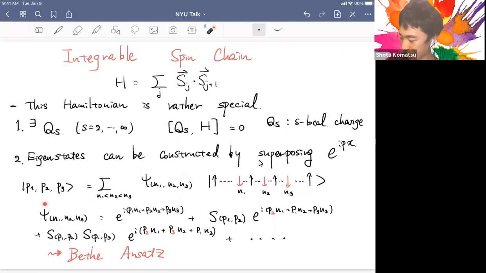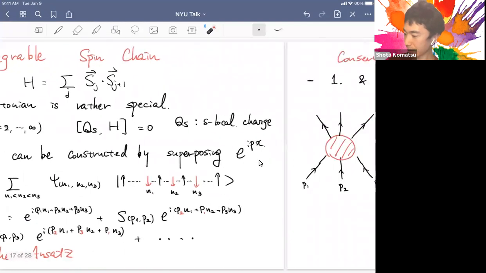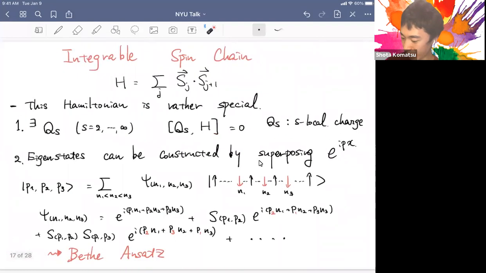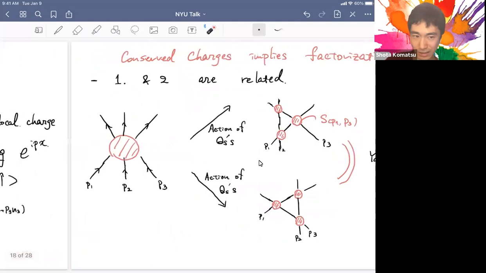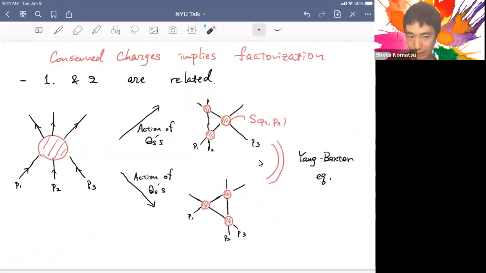And then I just sum over all possible ways of assigning these N to momenta. And this ansatz of wave function is called Bethe ansatz. And remarkably, this simple ansatz, which only contains one free parameter, works nicely, and it gives the eigenstate of the Hamiltonian. And I should emphasize that these two facts are actually related.